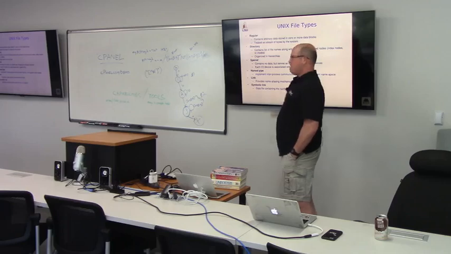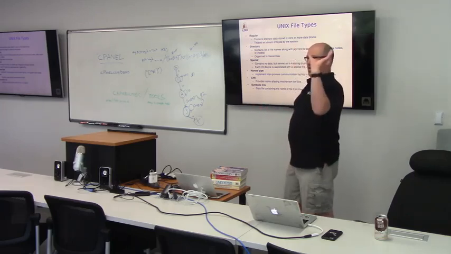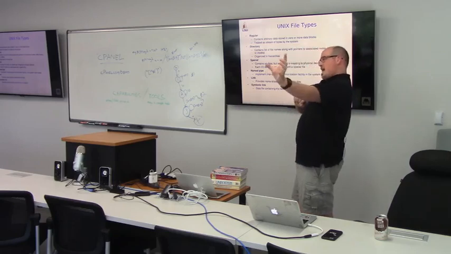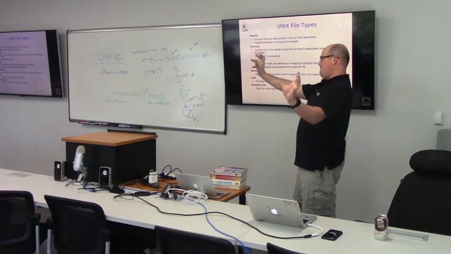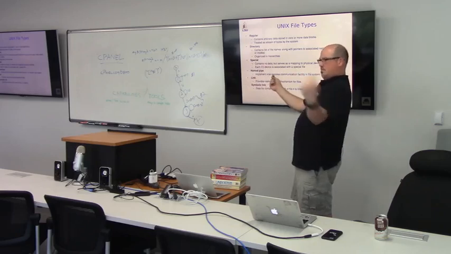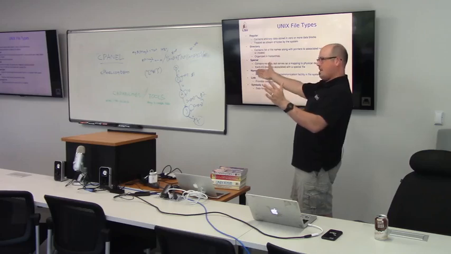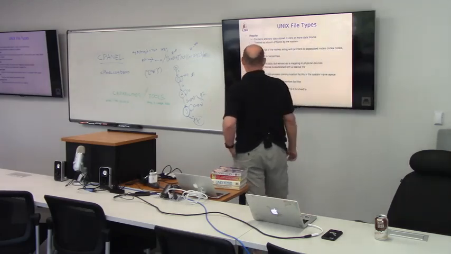I'm not going to talk much about them, but basically you can create a named pipe, and then in one terminal window, cat some file to the named pipe, and then in another terminal window, you can redirect the named pipe into a file, and the information that you're catting into the named pipe will come out on the other end, and you can do something with it. So it's a way to link different processes.